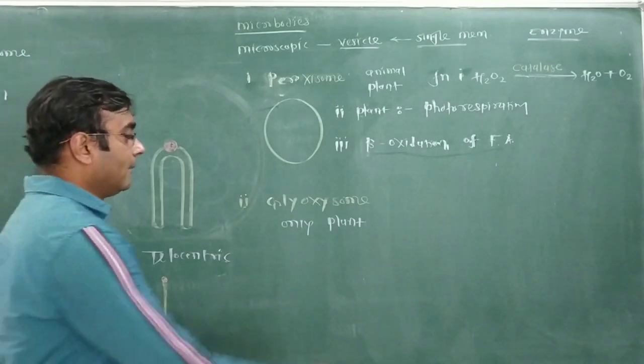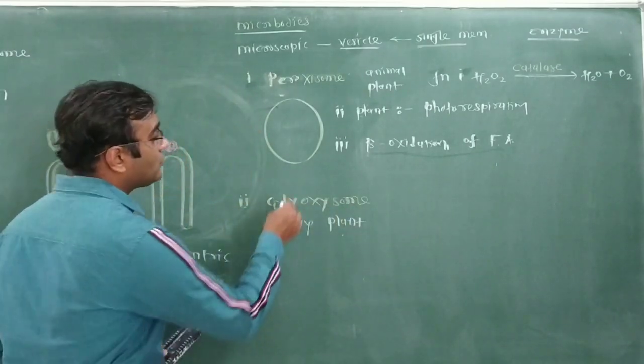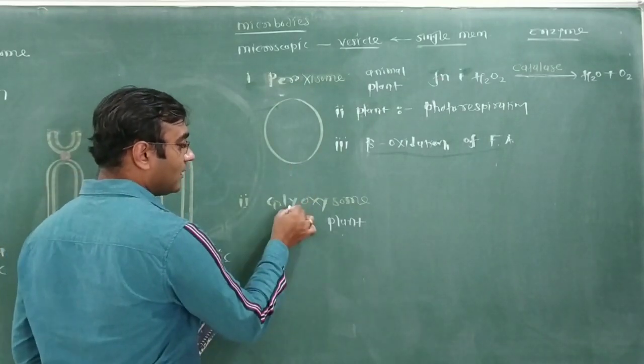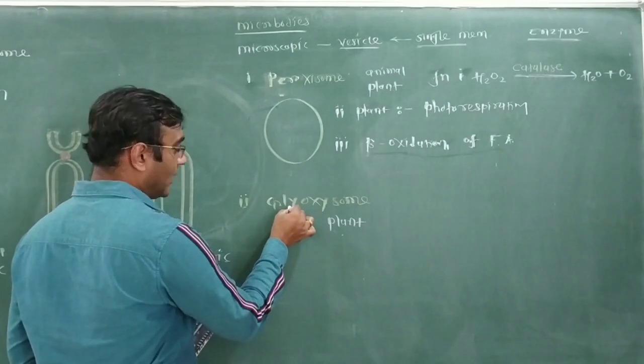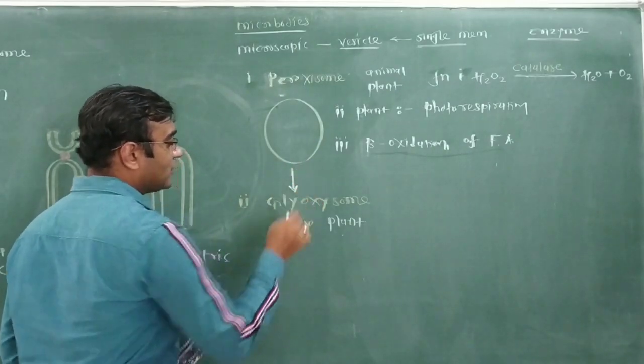Now, in plant cells there is a modified peroxisome, the glyoxisome. Plant cells have this additional organelle, the glyoxisome.